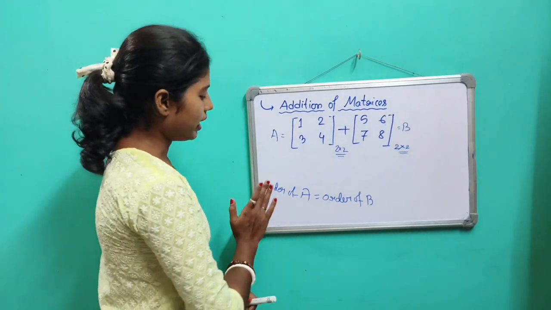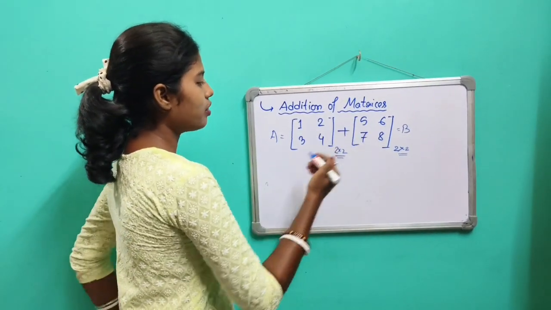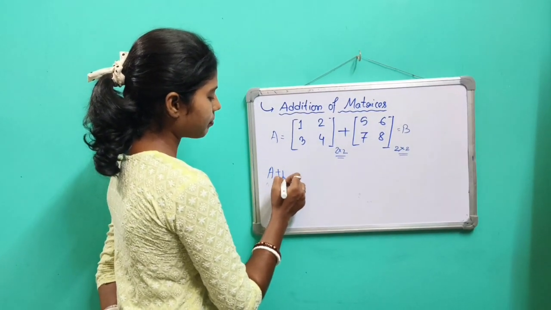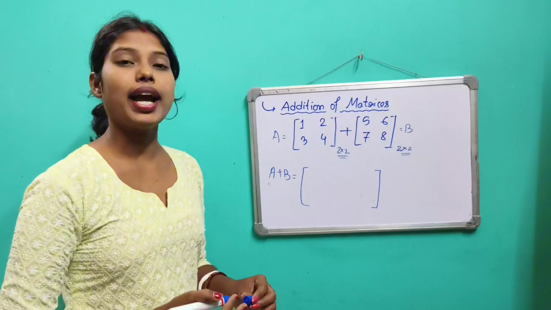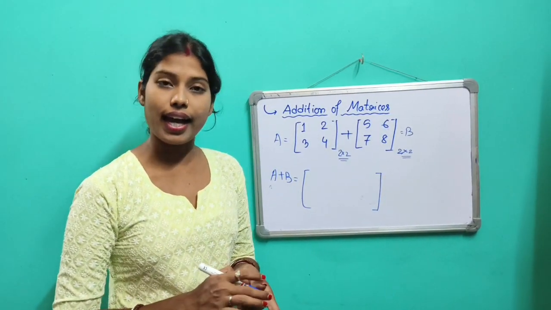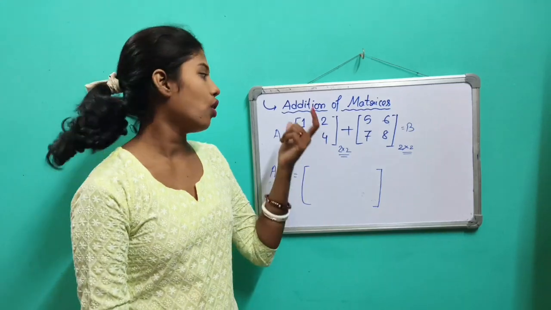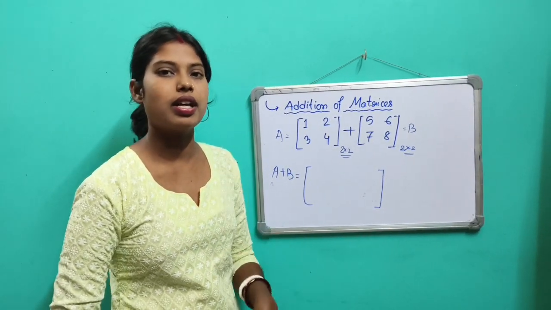So let's find out the result of A plus B. Basically when we add two matrices, we have to add all the elements of one matrix with the respective elements of the other matrix.